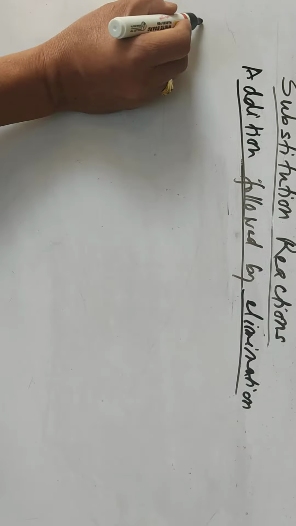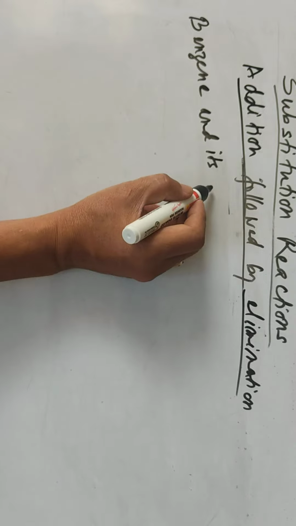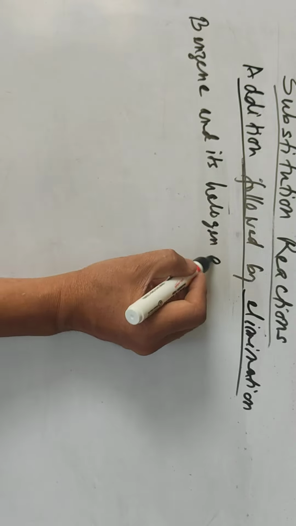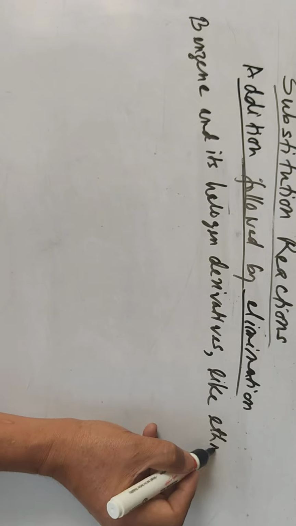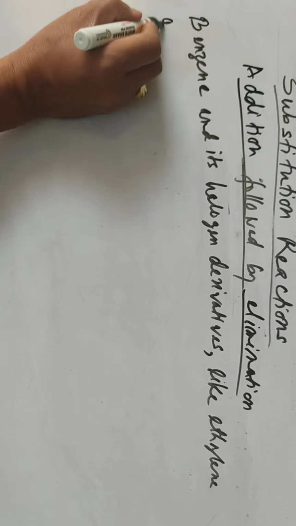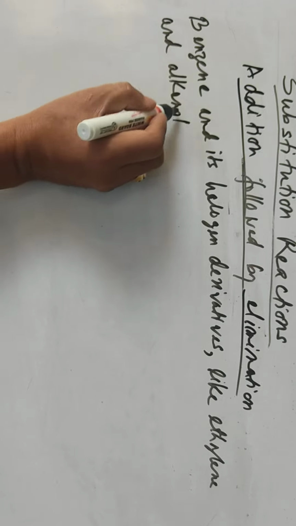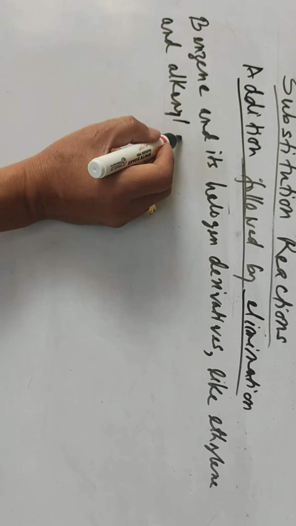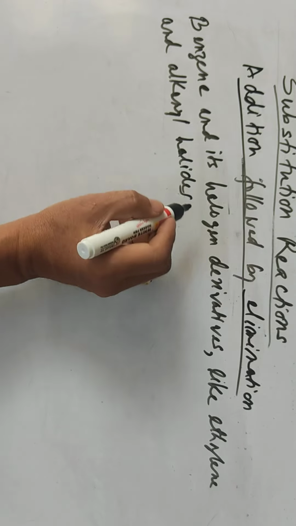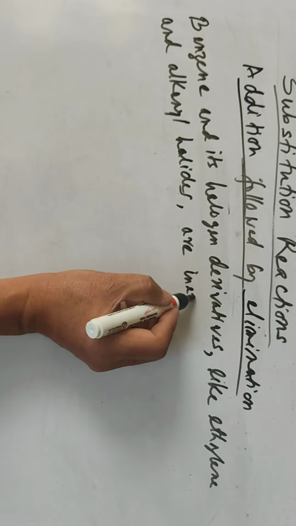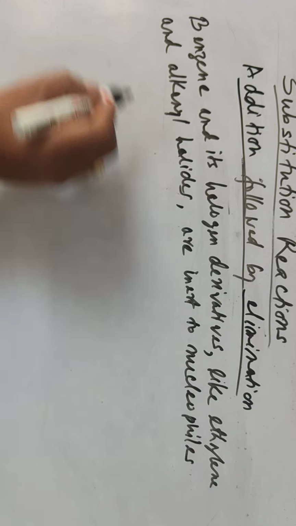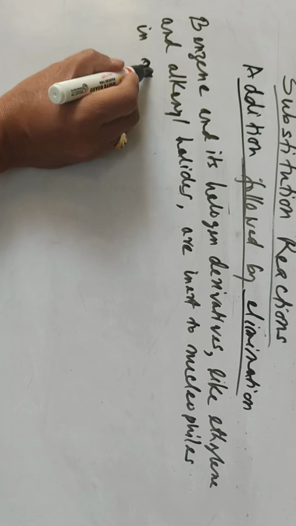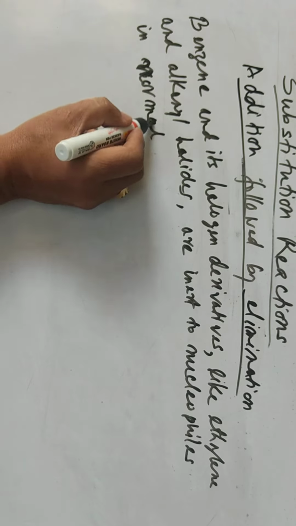So I write down here: benzene and its halogen derivatives, meaning halides, like ethylene and alkenyl, double bond or triple bond halides, are inert to nucleophiles in normal conditions, normal laboratory conditions.